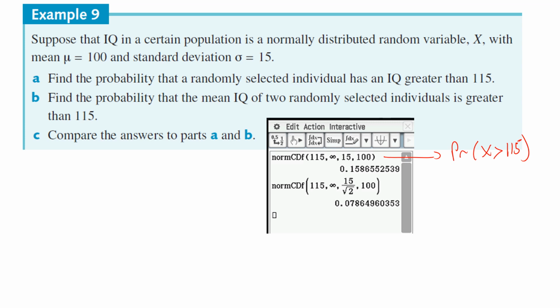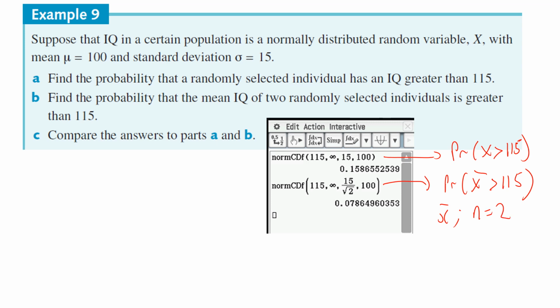And this is, of course, the probability that x bar is greater than 115. Okay, and x bar is the sampling distribution, where we take particular sample means and we determine them by taking two members from population X, working out their scores, adding them and dividing by 2, working out the mean score across samples of size n.